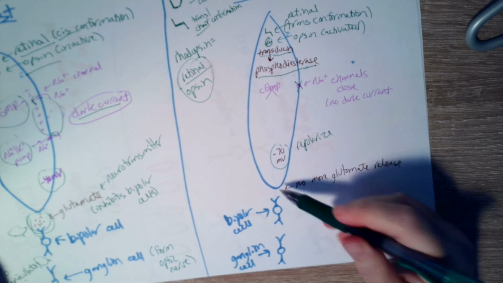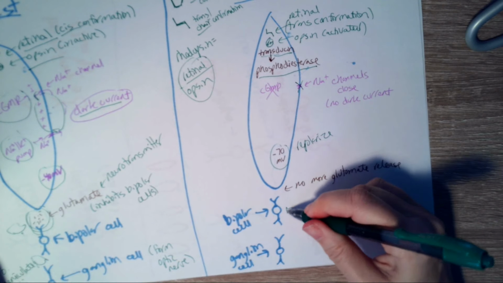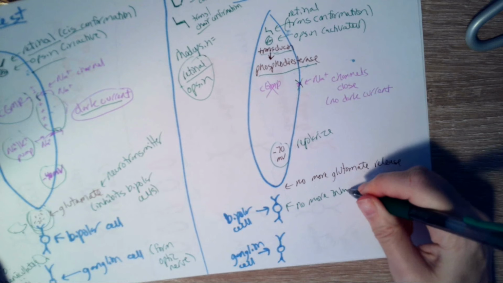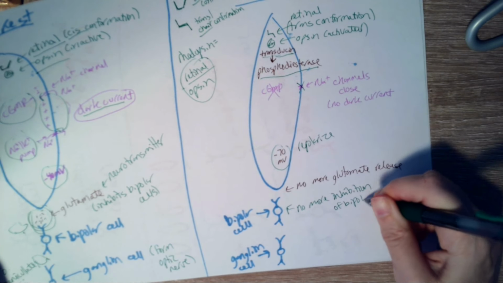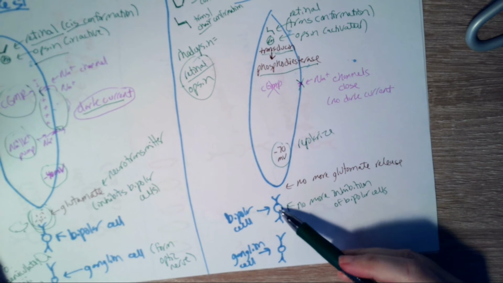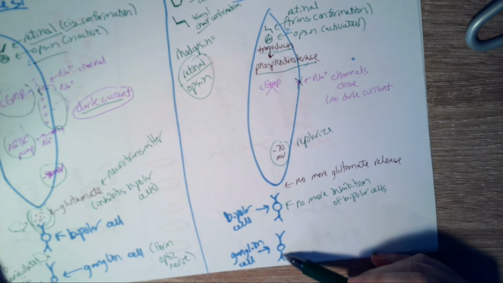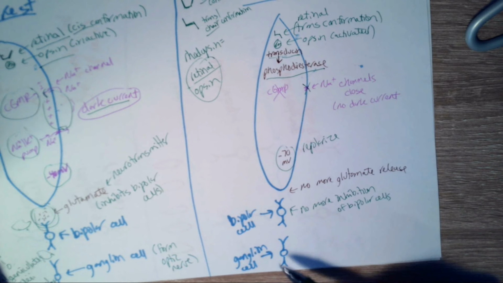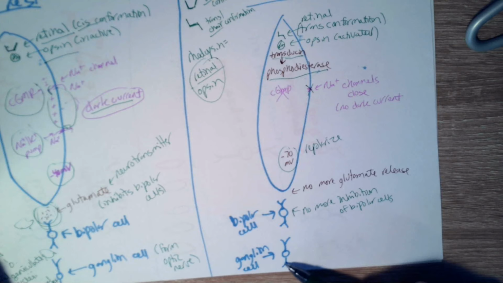What that means is no more glutamate being released, no more inhibition of the bipolar cells, which means that the bipolar cell can go ahead and have an action potential, which will lead to an action potential in the ganglion cell, and that axon will go out through the optic nerve and back through the pathway that we talked about before, where it will be received by your visual cortex, allowing you to see something.